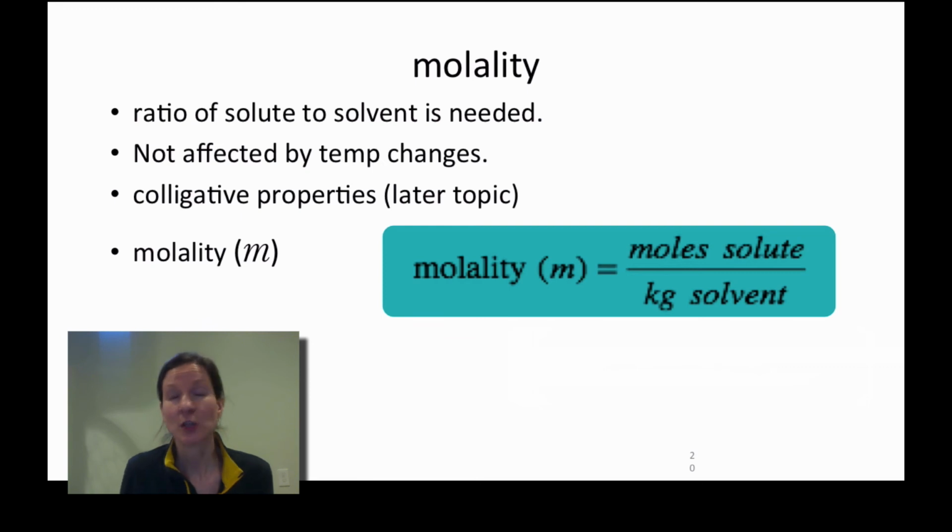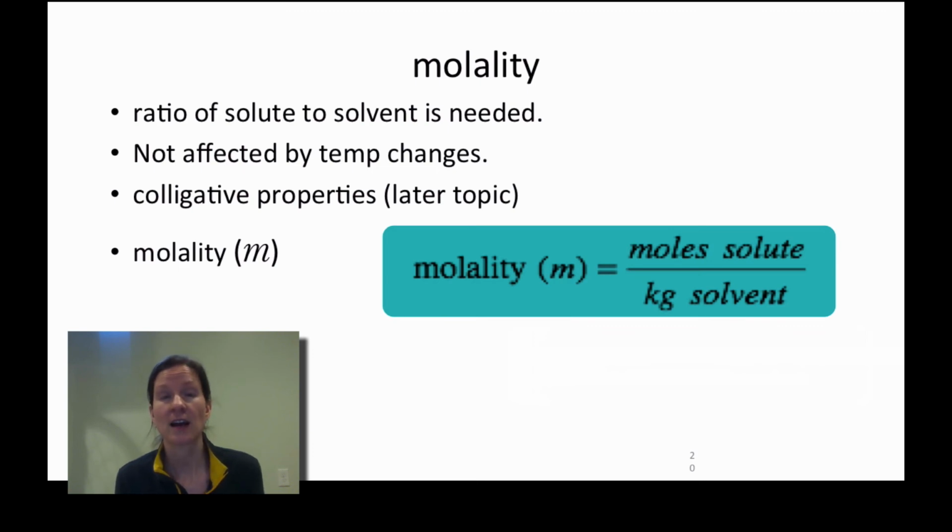Molality is a new label for you guys, and I'm sorry that it's molality, where molarity is so close to the same word. Molality is a small m when we talk about it, and this one is a ratio of moles of solute per kilograms of solvent. And the big thing about molality as a measurement, because it's moles per kilogram, not moles per volume, is that the temperature does not change or affect this ratio.